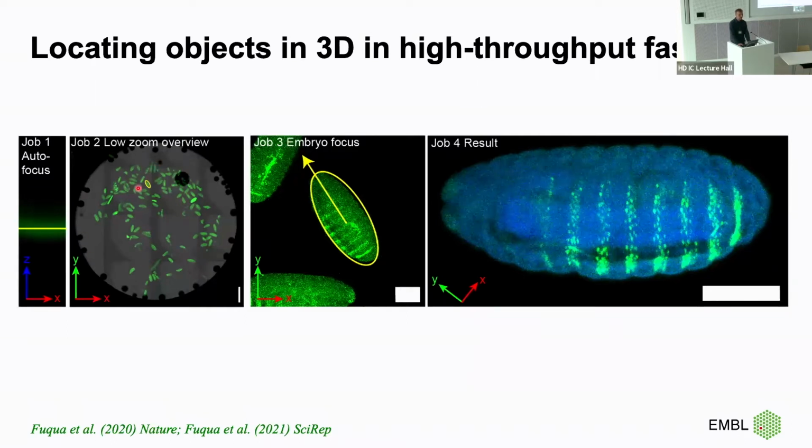And from this image, we identified the embryos, one or multiple embryos, which we want to image. And then before switching to the final scanning, we actually had a step in between where, with that objective, we scanned at lower resolution and a higher range Z-stack, where we were able first to focus on individual embryos to refine their position.